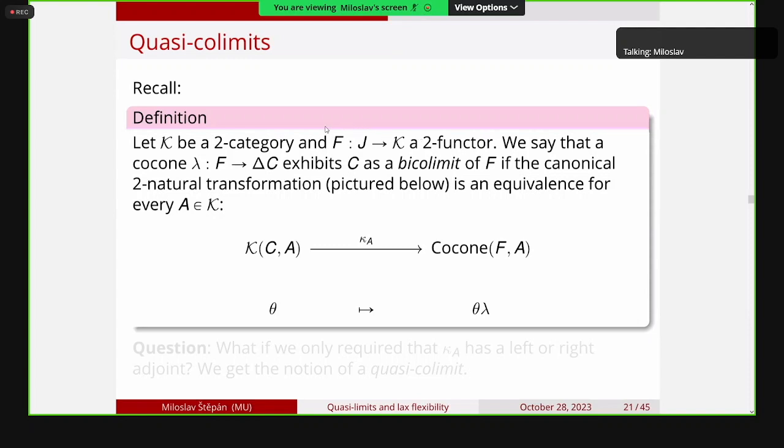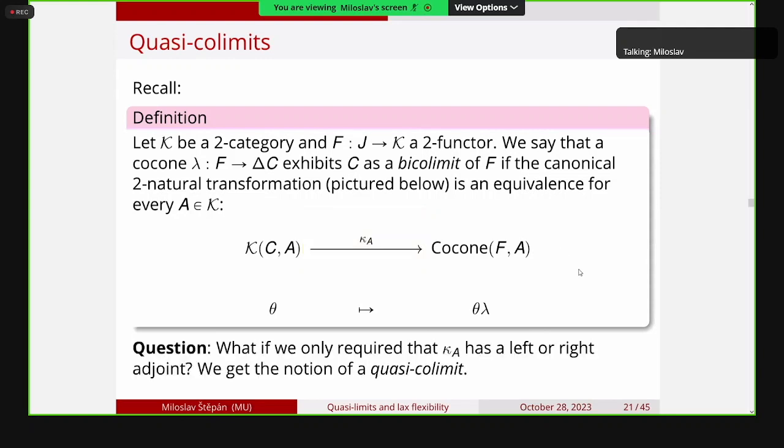If F is a two-functor, we say that a cocone is a bicolimit of F if this canonical functor, which sends a one-cell to its whiskering with the cocone, is an equivalence. If it is an isomorphism, then it's an ordinary colimit. If it's an equivalence, then it's a bicolimit. And you may wonder what happens if we only require that it's a left or right adjoint.